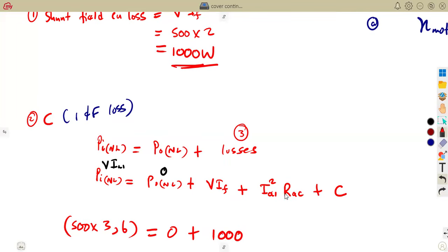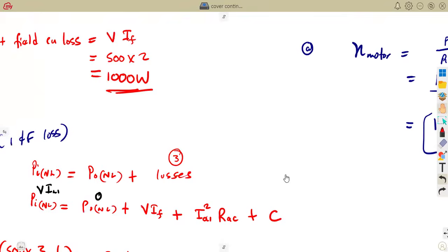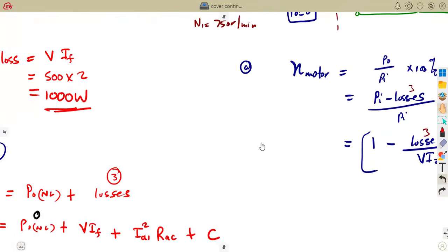All right. Then we have got this part, which is representing our armature copper loss. Are we having this armature copper loss at no load? Have we calculated this? So definitely we didn't. So we need this one.